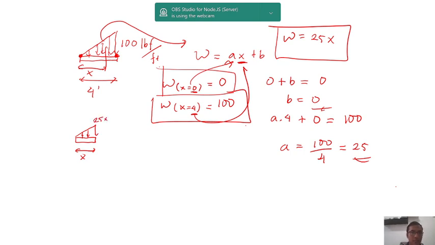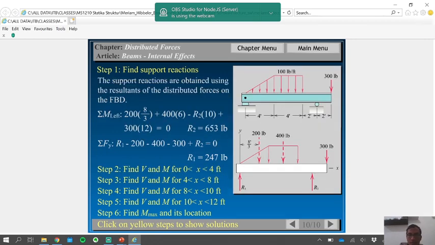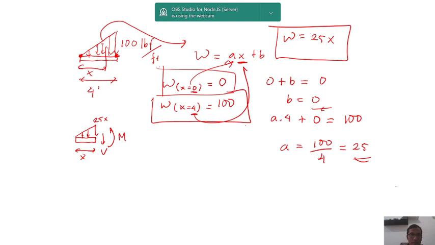As usual, at the right cut, we have shear going down positive and moment counterclockwise positive. And on the left edge, we have the external force from the pin, 247 lbf.